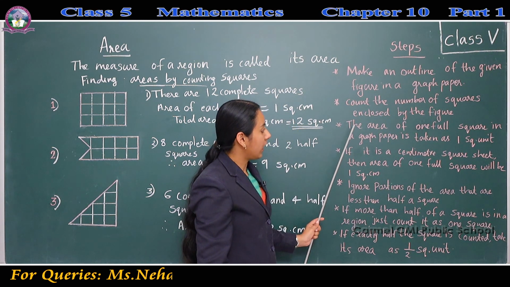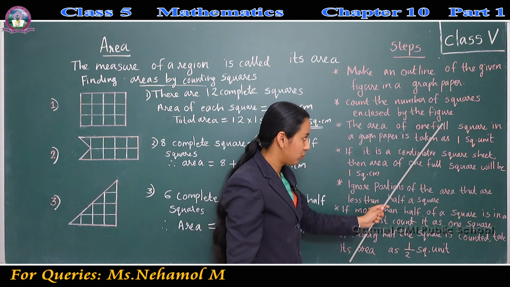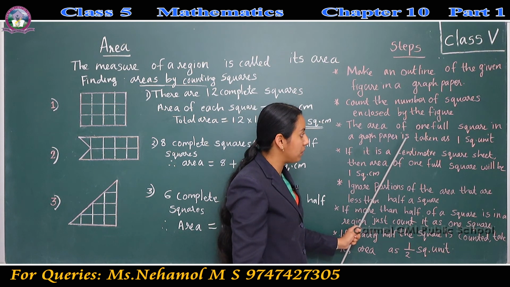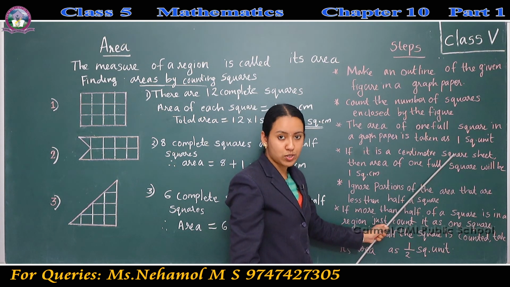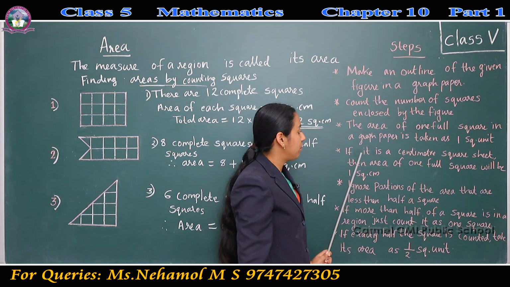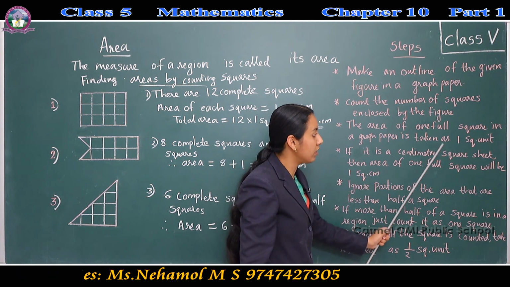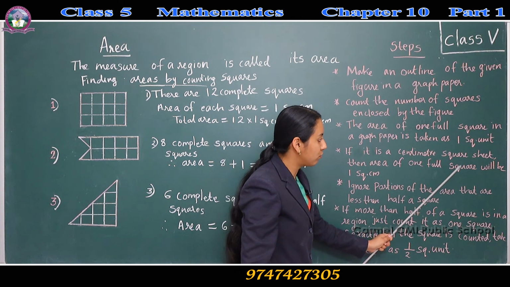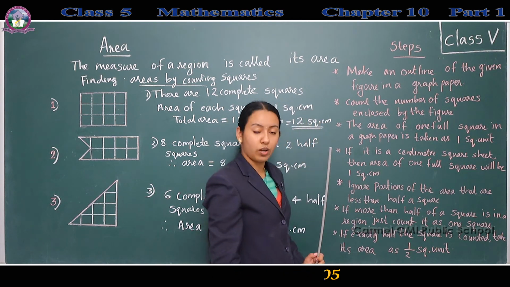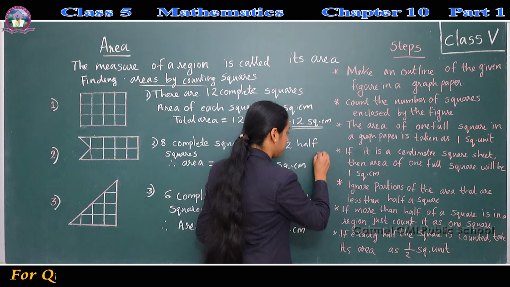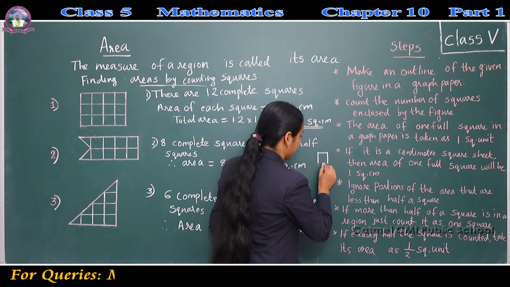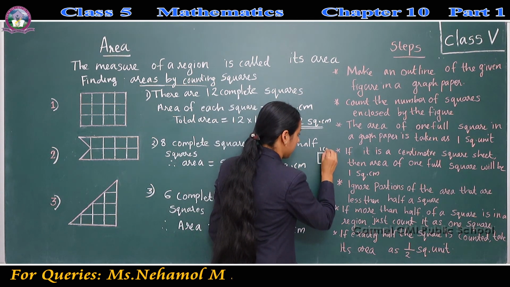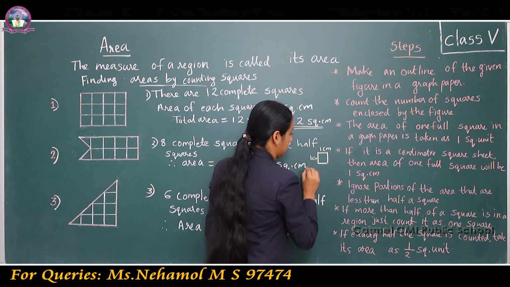Next one, the area of one full square in a graph paper is taken as 1 square unit. If it is a centimeter square sheet, then area of one full square will be 1 square centimeter. That means, suppose this is a small square in a graph paper. Then this is 1 centimeter, this side also 1 centimeter.